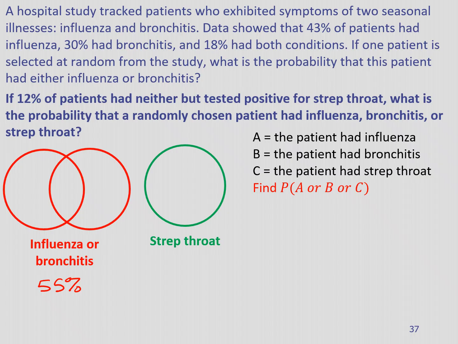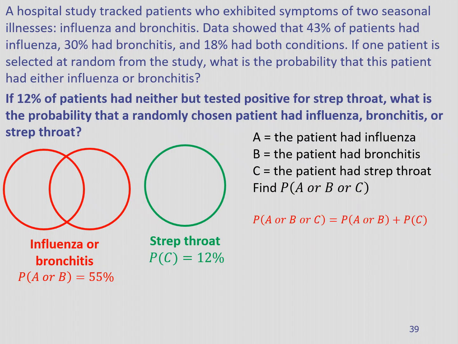There's no overlap. Separate, mutually exclusive. So we've got 55% in the A or B category, and then 12% in the C category. And the addition rule says we can add them. There's nothing to subtract because there's no overlap.